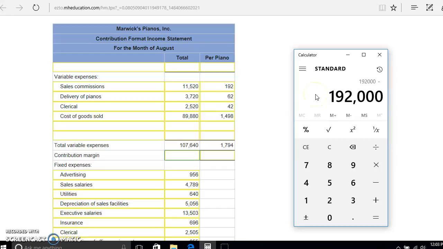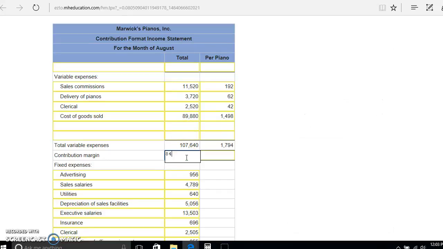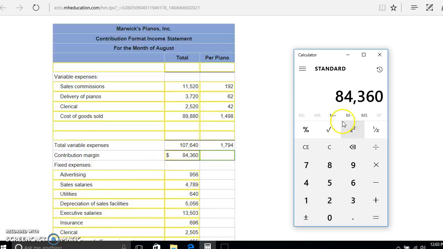So it's minus 107,640, and my contribution margin is 84,360. Let me talk about what that means. That means that I have $84,360 left over to pay for my fixed expenses. Anything left over after my fixed expenses from this amount goes to profit. So this is really crucial in figuring out what your break-even point is.